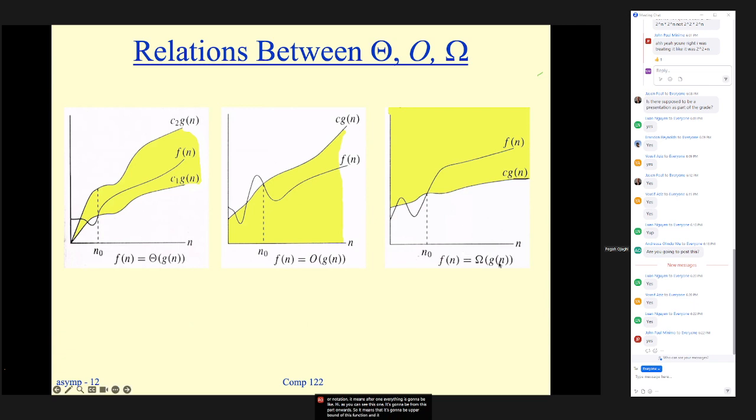And omega notation is a lower bound for the whole f of n function. Does it make sense? This is the relationship between big theta, big omega and big O notation.